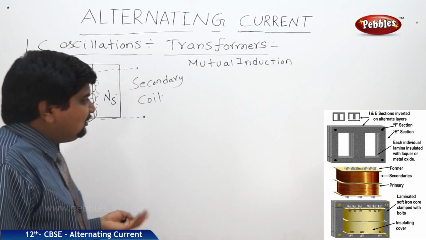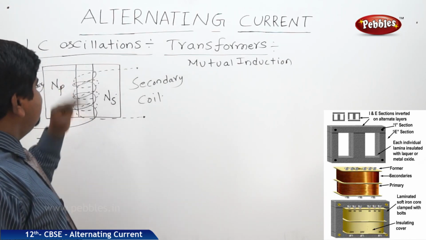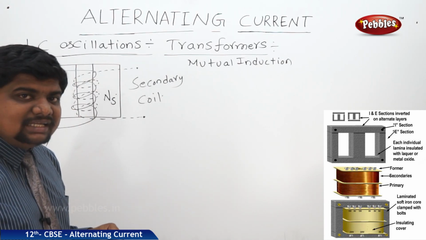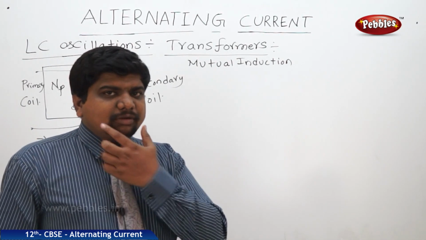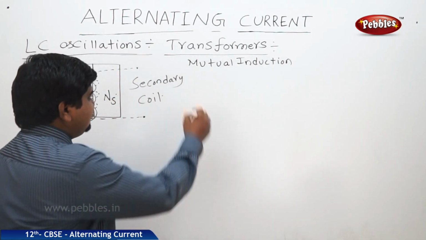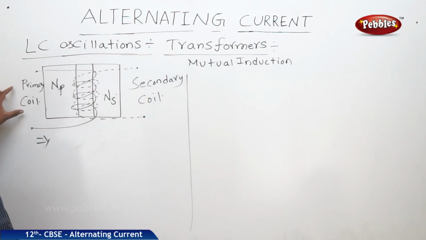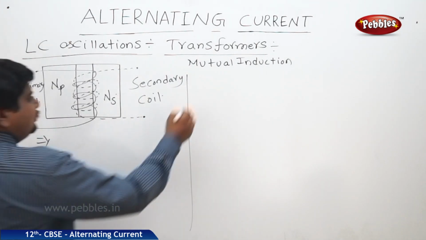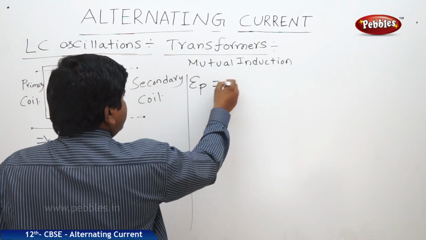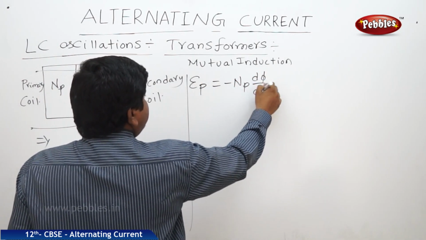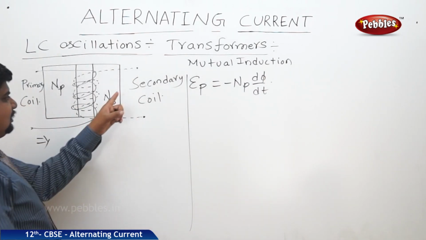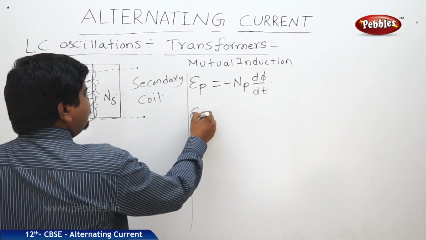So, we are going to write the equations for the flux linkage with respect to the primary coils and secondary coils. Now, we are applying the Faraday's law of electromagnetic induction for this EMFs. Let us write the EMF to the primary coil. You can write EP is equal to minus NP into d phi by dt. Let us write the flux through the secondary coil.